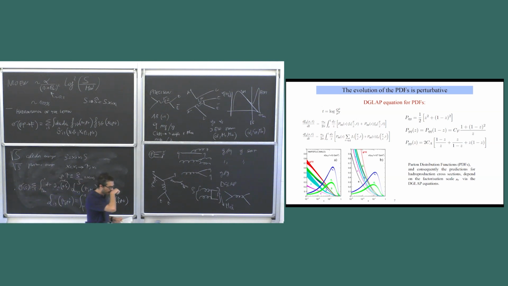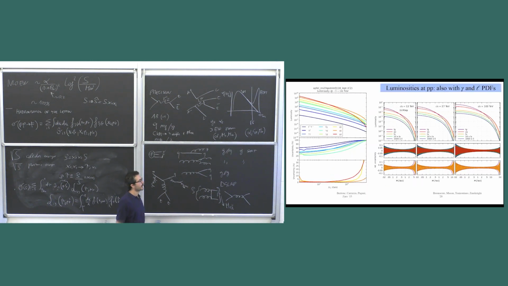So what are the shapes of these luminosities? Okay, we have these plots here that are also including some exotic content, let's say. But the main point that I want to show you is, this is, for example, for a 100 TeV collider, you show what is the luminosity given an initial state, that is gluon-gluon or quark-quark or quark-antiquark, to produce an object of a given invariant mass.